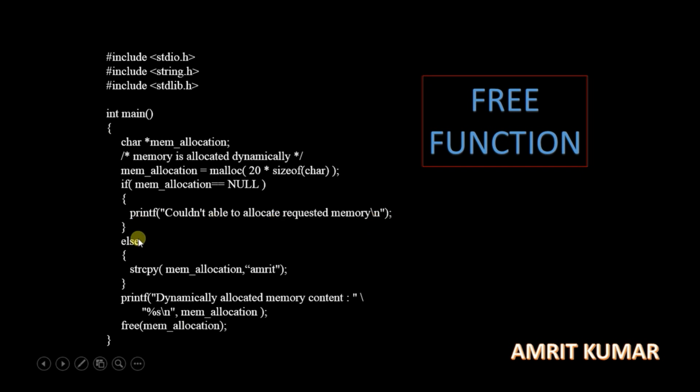Otherwise, in any other case, this code is going to execute, and this is the string handling function strcpy. Its work is to copy the string. So whatever string is here, Amrit, is going to be copied into mem_allocation, the dynamically allocated memory variable, or pointer, which was created with the help of the malloc function and contains 20 bytes of space.